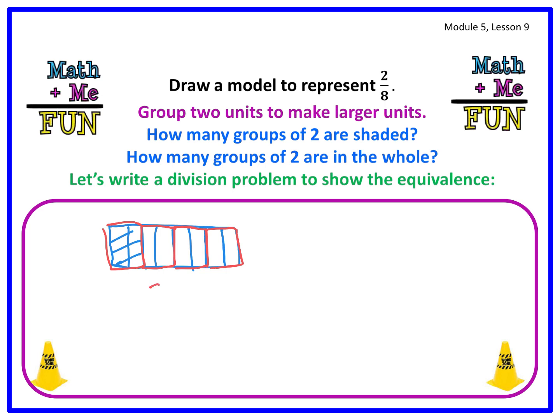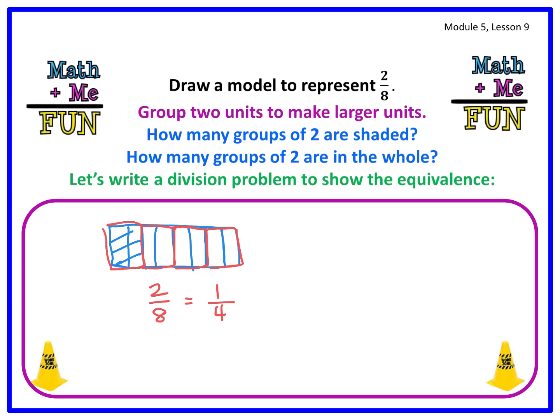I started with 2/8, right? But now I have 4 units, and one of those is shaded in. So 2/8 is equivalent to 1/4, right? Because I shaded in one group of 2, and there are 4 groups of 2 altogether.